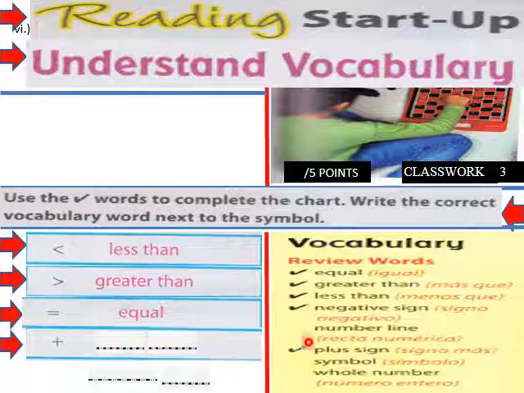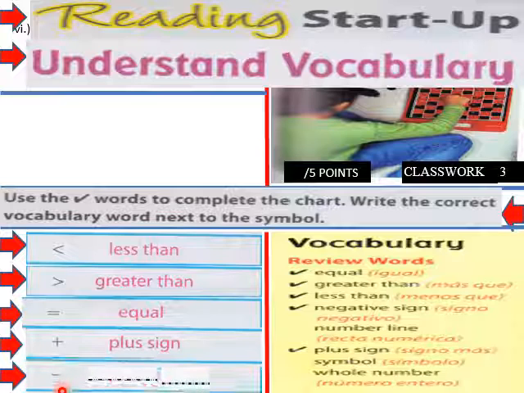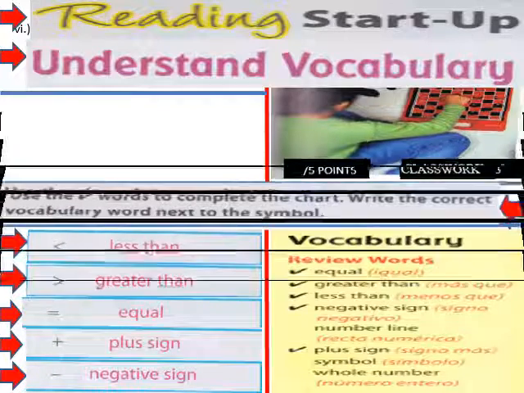And then this here is, of course, the addition sign or the plus sign. And this sign here is the subtraction sign or the negative sign. So here's your vocabulary here as it is assigned to these different mathematical symbols here.